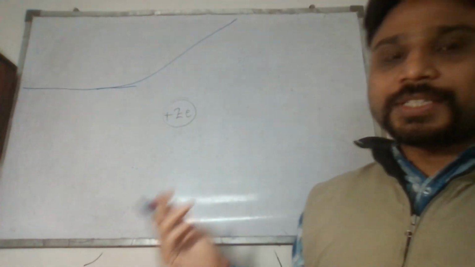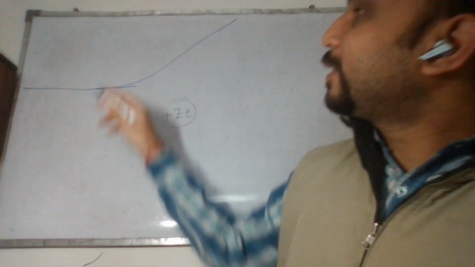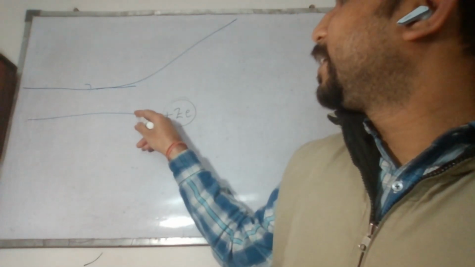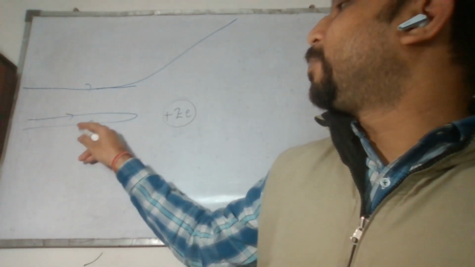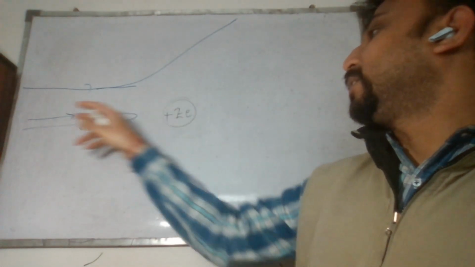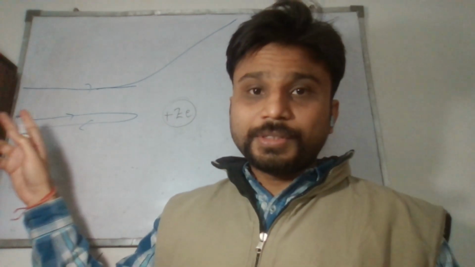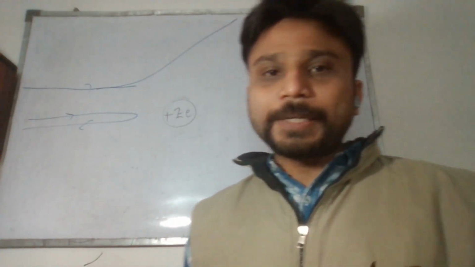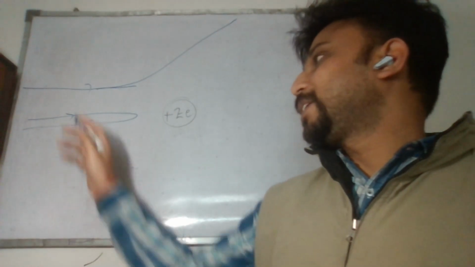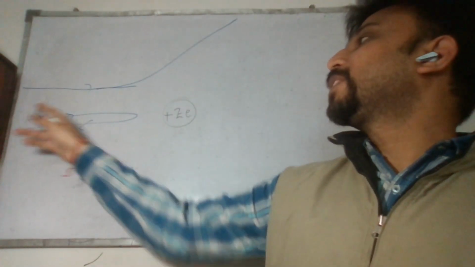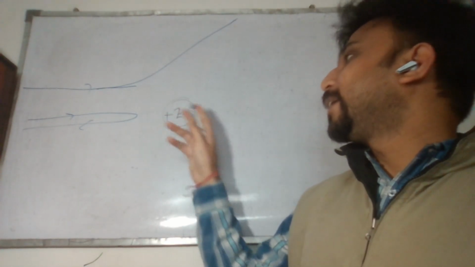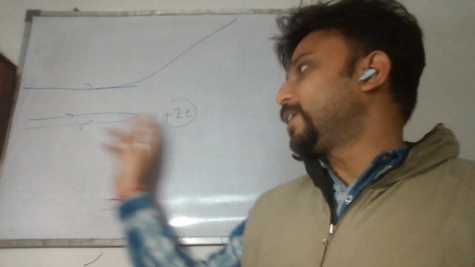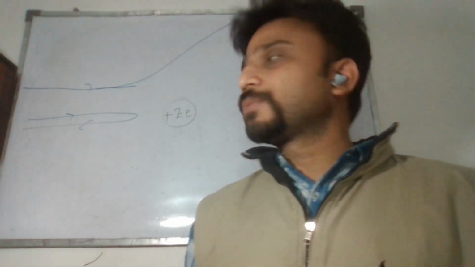On the basis of these deflections, they were able to establish that alpha particles take different paths. If a particle is approaching in its line of collision, then it will definitely get reflected back, or when it is approaching in such a way that it's going to collide head-on with the gold nucleus, it will get reflected back.